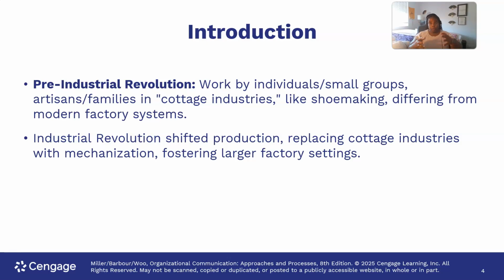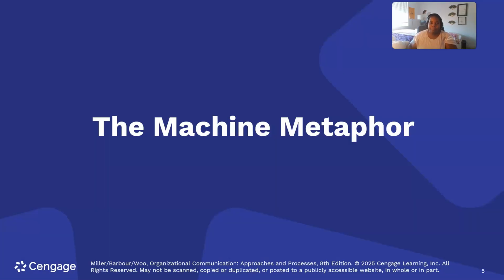How do we manage the people, which we'll be focusing on today? And how do we expand and make our production more efficient? These were some of the struggles from the pre- and industrial revolution, and those influences from people trying to solve those problems affect us to this day in the information age.